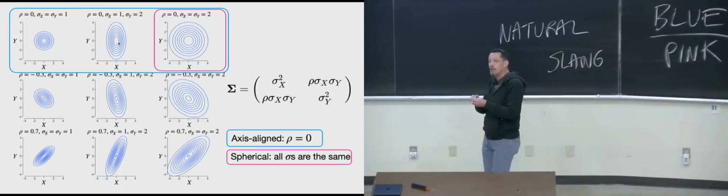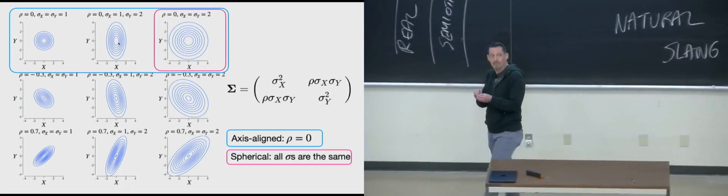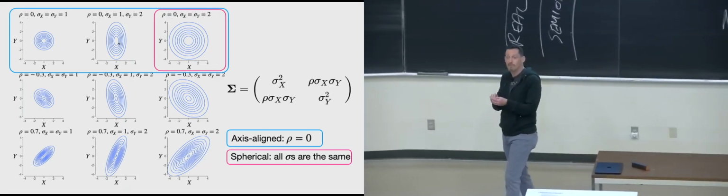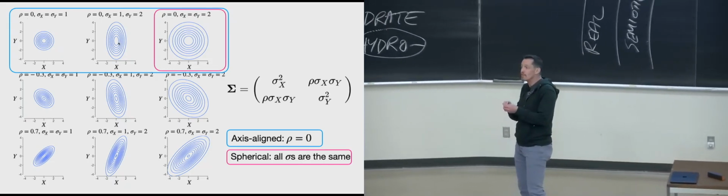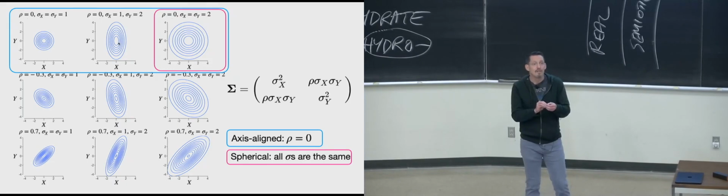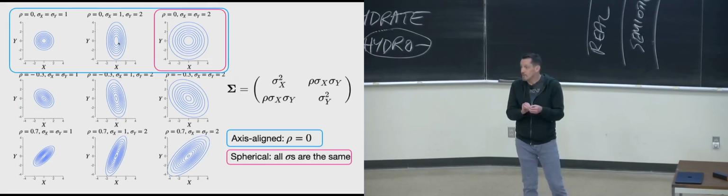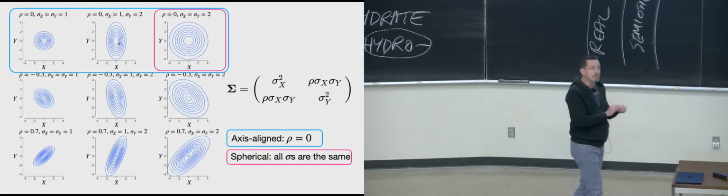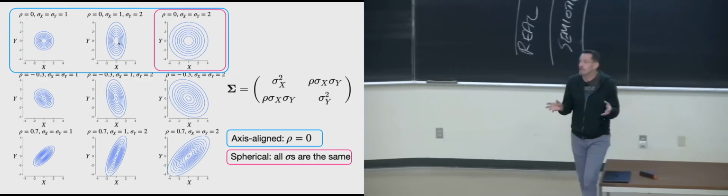There's no covariance because the correlation between the variables is 0. So the covariance is also 0. But it's not spherical. One of the 2 variables is more spread out than the other.